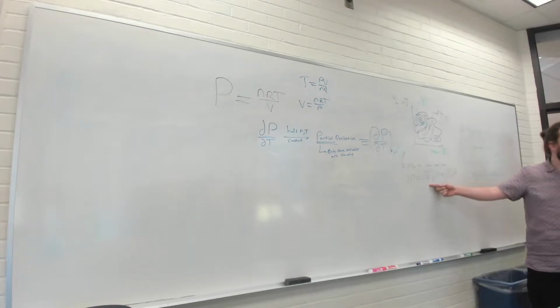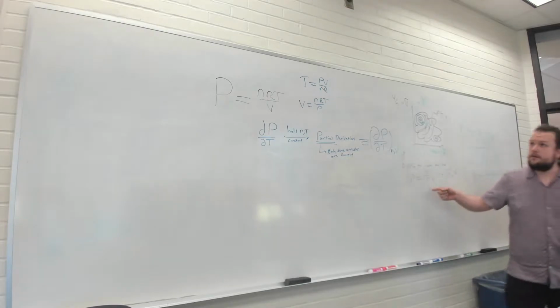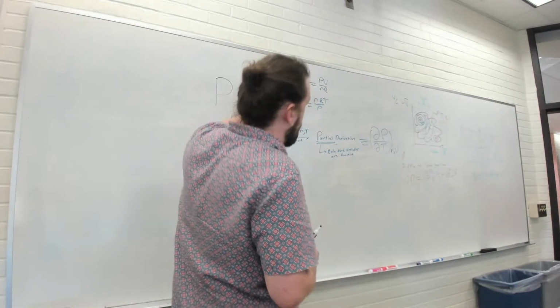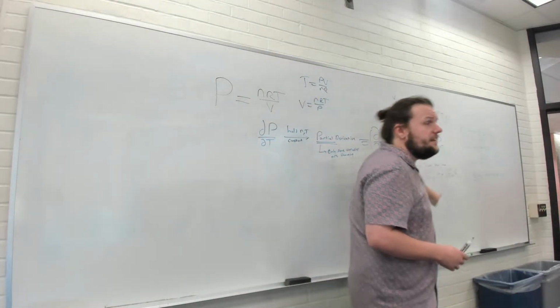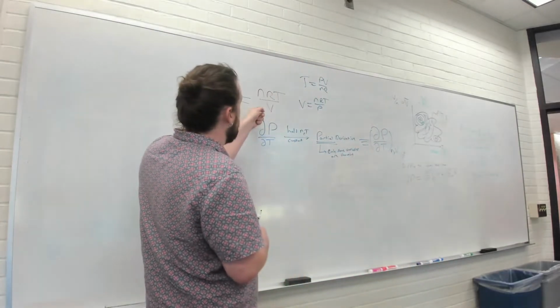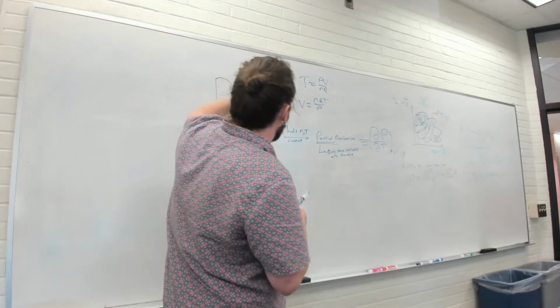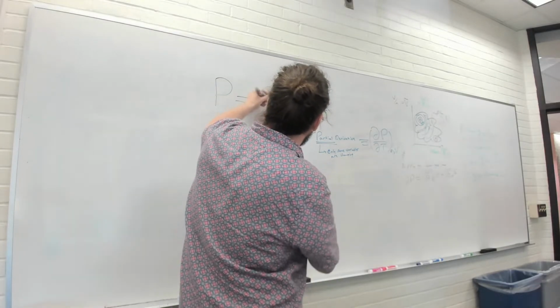So let's look at dP/dT, for instance. P is equal to nRT over V. To calculate dP/dT, we take the derivative of this function with respect to T, holding V and n constant. I'm going to simplify this by getting rid of this and writing V bar.